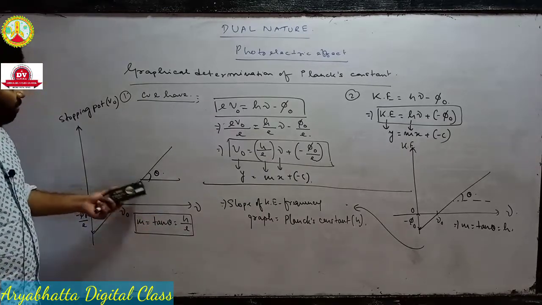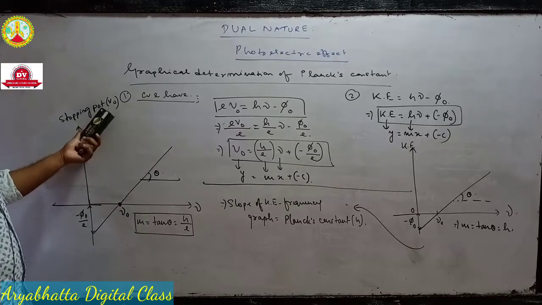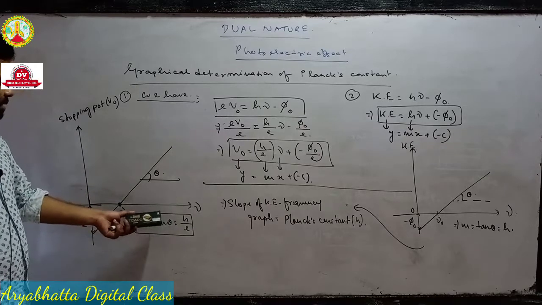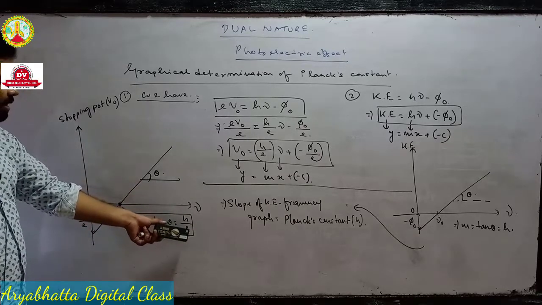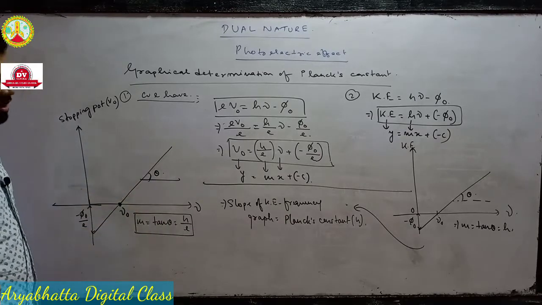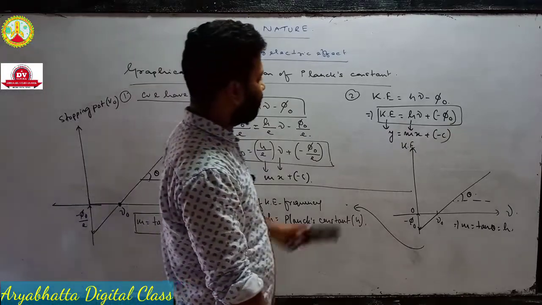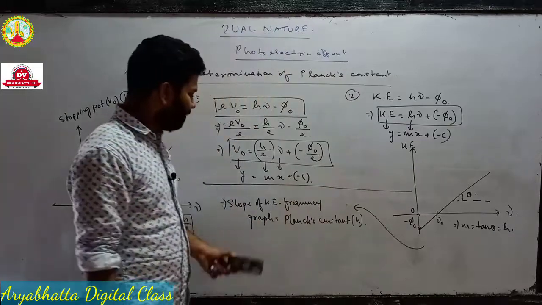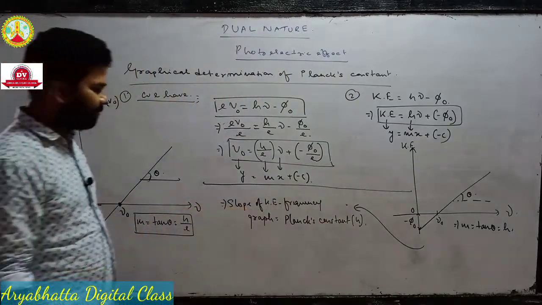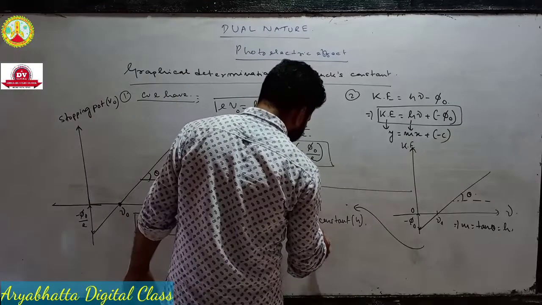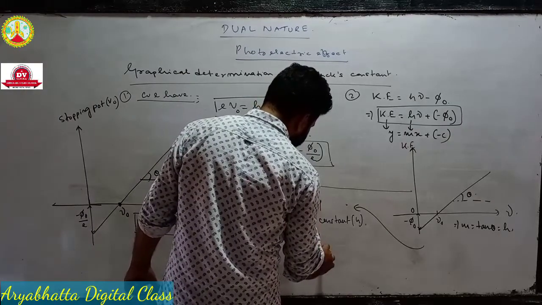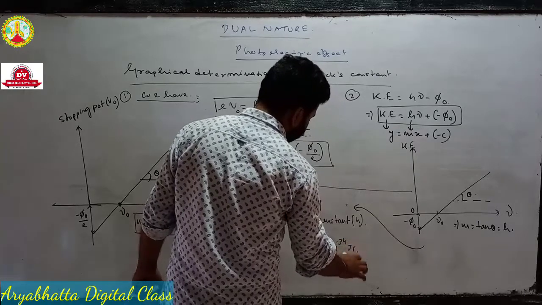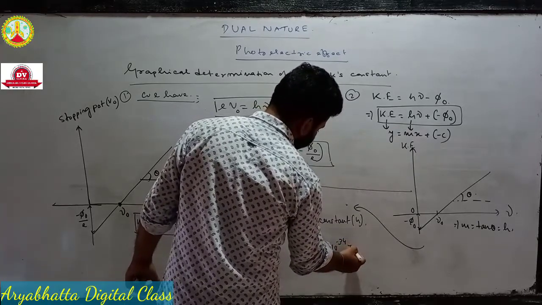So if you know the slope of this curve, slope of stopping potential versus frequency, then you multiply that slope with charge of an electron, you will get Planck's constant. Otherwise, directly from kinetic energy and frequency curve, you take the slope, and that slope will give you the value of Planck's constant. So what is the value of Planck's constant? You know already, this is 6.626 into 10 to the power minus 34 joule second.